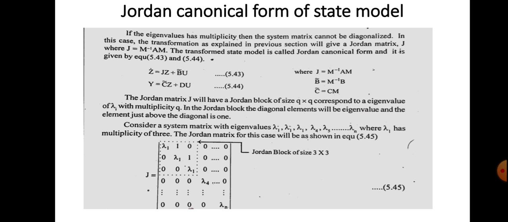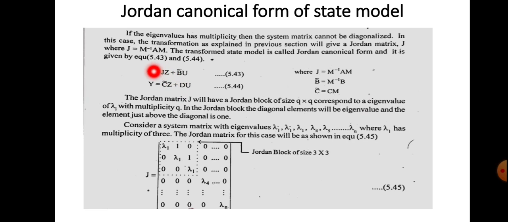If the eigenvalues have a multiplicity, that means one eigenvalue is repeated, then the system matrix cannot be diagonalized, and the corresponding state model is called the Jordan canonical model form. The corresponding state equations are given by z dot equal to Jz plus b cap into u, and y equal to c cap z plus du.